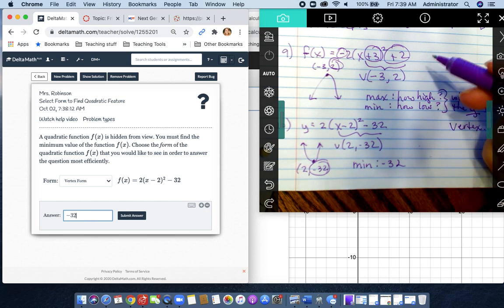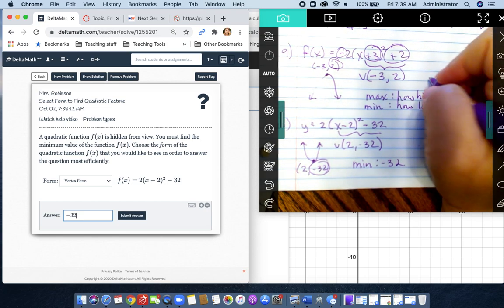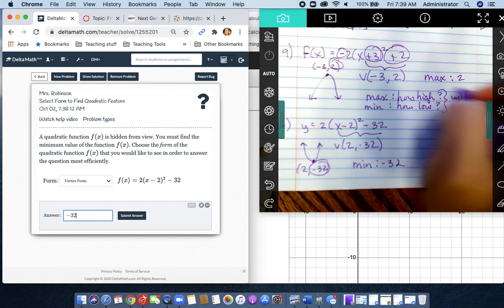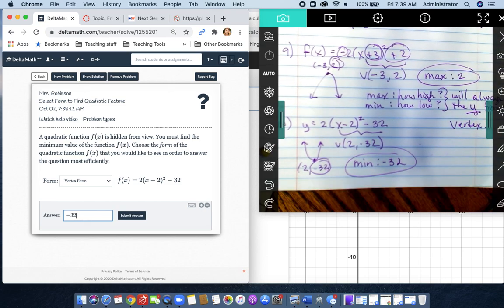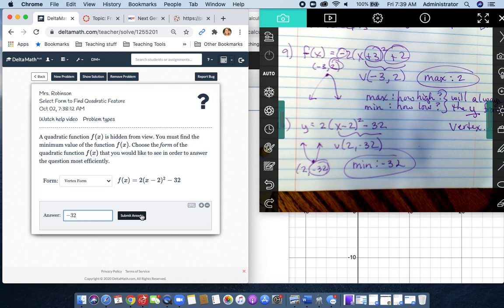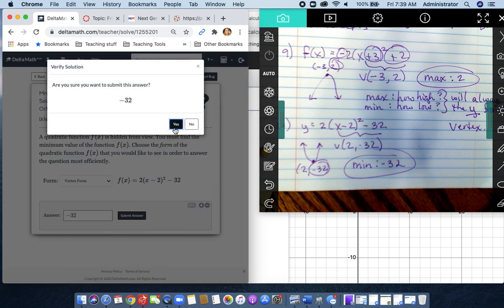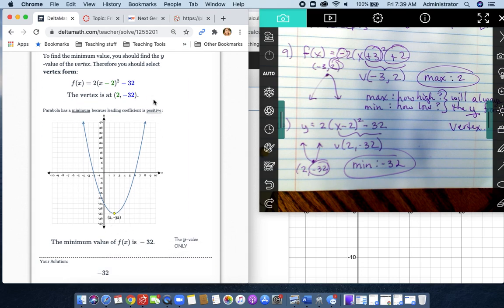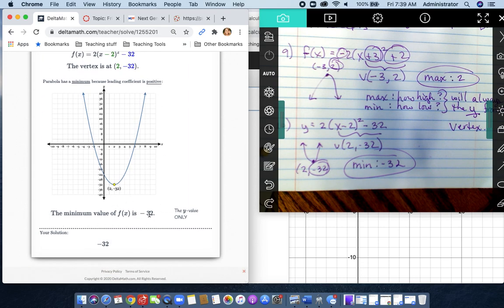So I should see these two examples here in your notes. In fact, I should come over here and say max is 2. That way, when you're looking for max, min examples for when you're doing your test review, this is what you would want to look at. All right. So again, just as we did, opens up, the minimum or the lowest value is negative 32, which is our y value only.